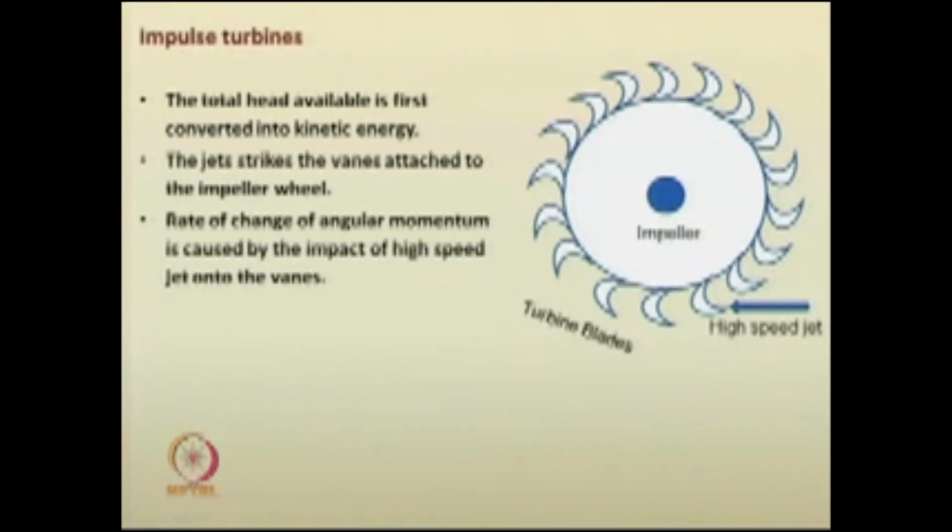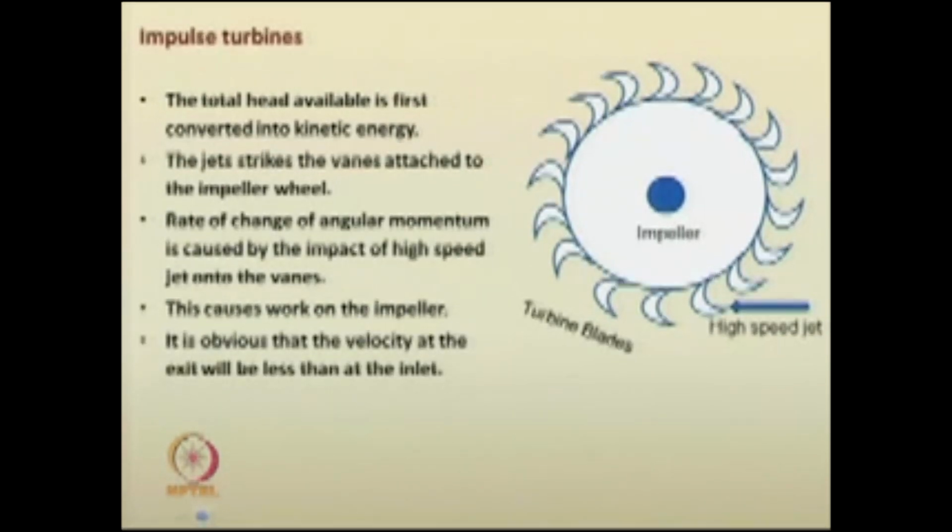A change in the rate of angular momentum will be caused due to the high speed impact, right. Due to this high speed impact, there will be a change in angular momentum. That change in angular momentum causes work on the impeller here. So, it is obvious that the velocity at the exit, as we have seen here, water comes, then it goes through the exit portion, the draft tube portion.